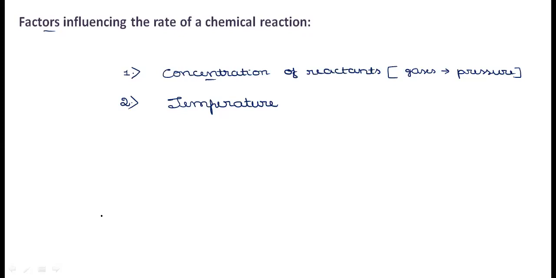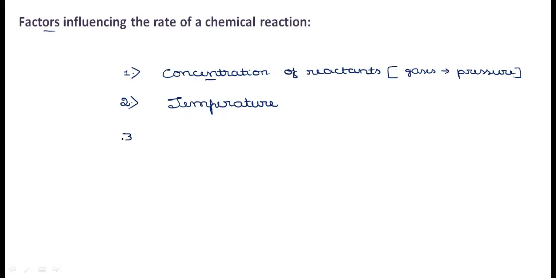Generally the rate of a chemical reaction doubles for every 10-degree rise in temperature. We'll learn that in detail with the factor.